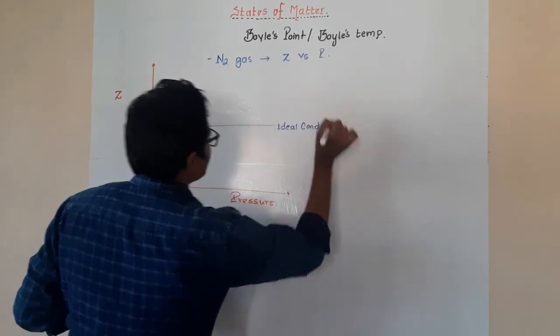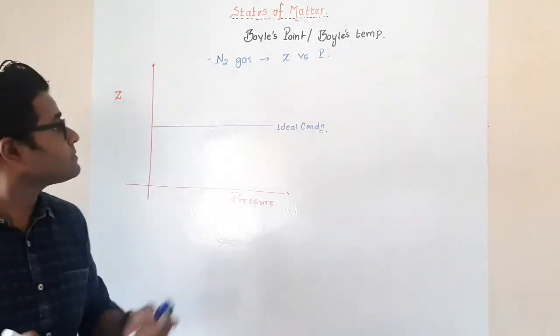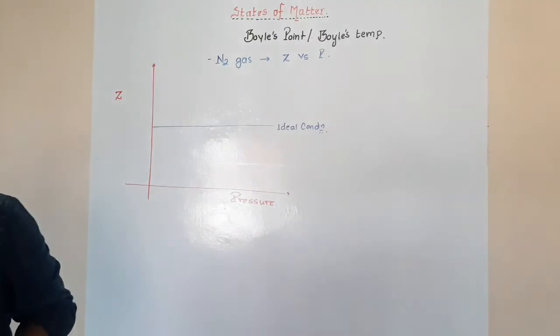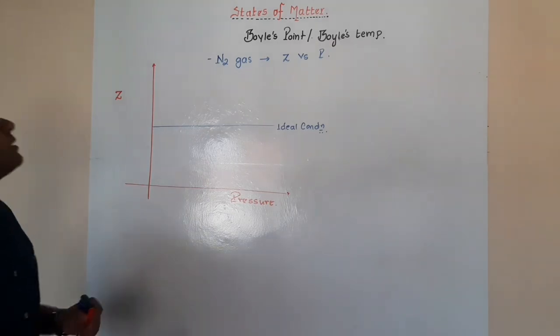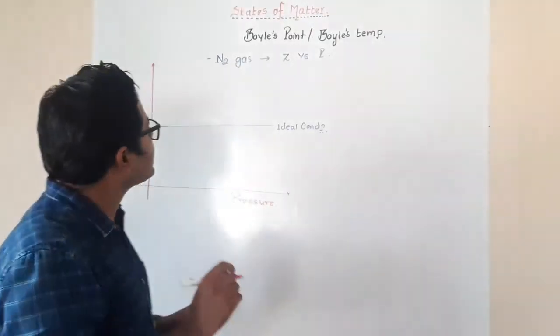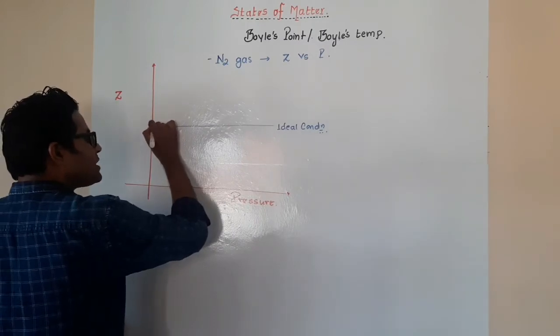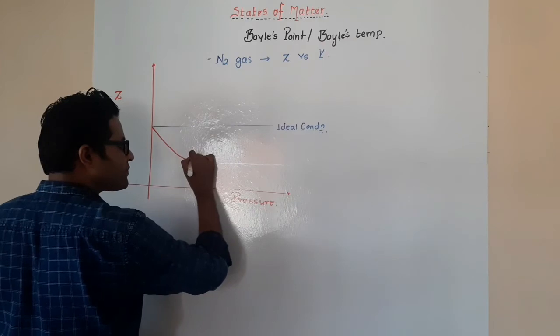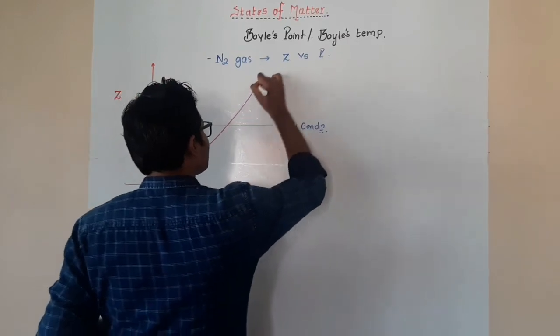Now when we plot a graph for nitrogen gas, we observe an initial dip in the graph, and slowly it starts to increase.